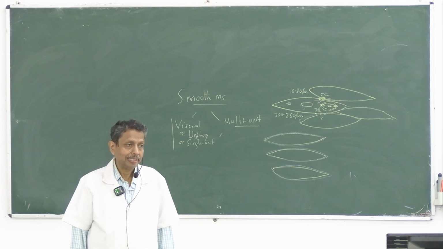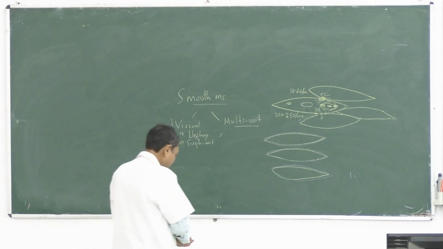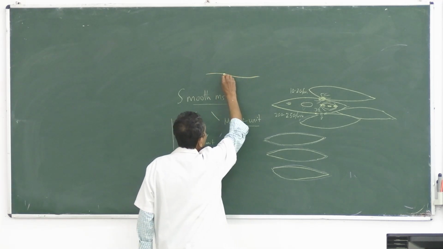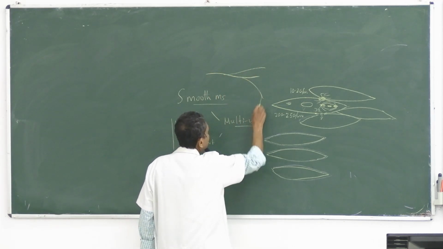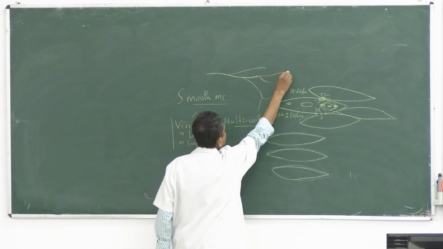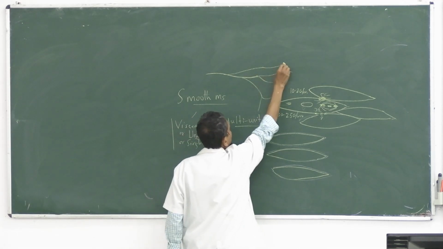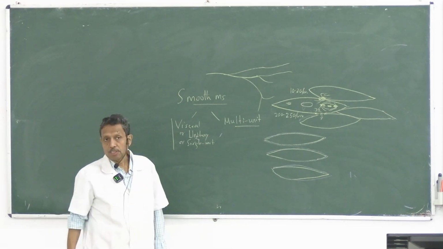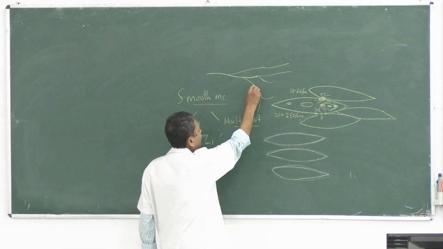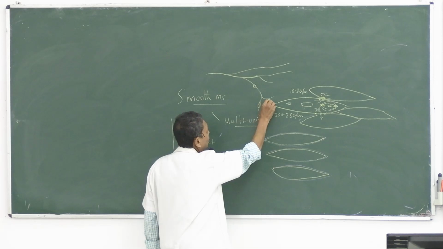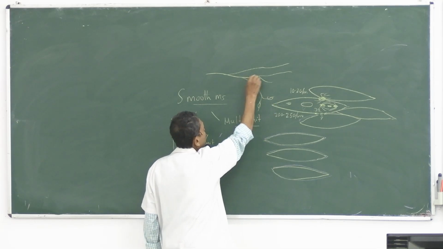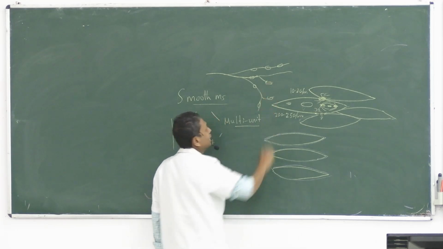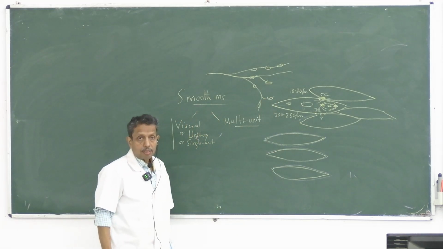Synapse en passant means that a postganglionic neuron branches, and there are varicosities at some distances, which contain the neurotransmitter.